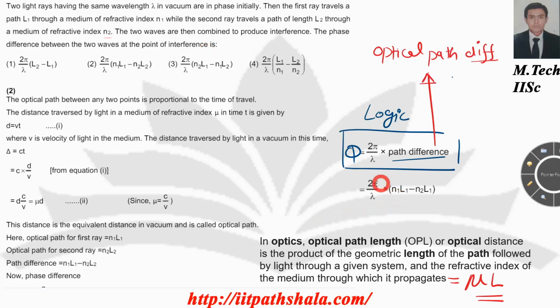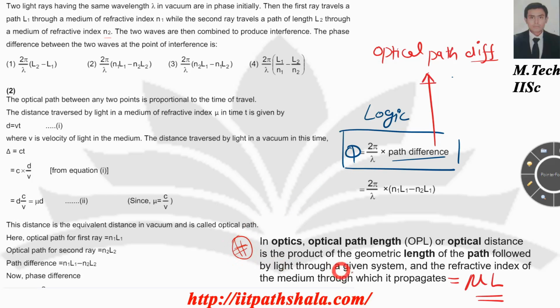As you know, phase difference is nothing but 2 pi by lambda into the path difference. Figuring out the path difference is not a simple job here, because your path difference is nothing but your optical path difference. Now let me tell you what the optical path difference is. In optics, the optical path length or optical distance is the product of the geometric length of the path followed by light through a given system and the refractive index of the medium through which it propagates.